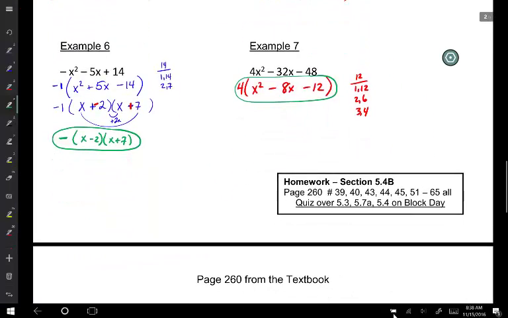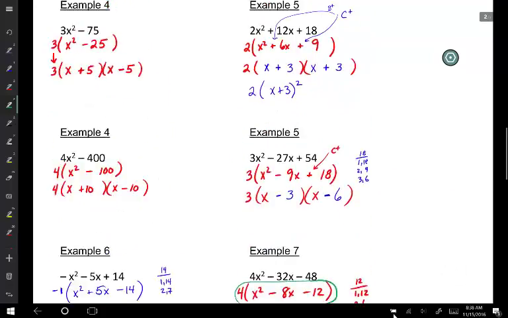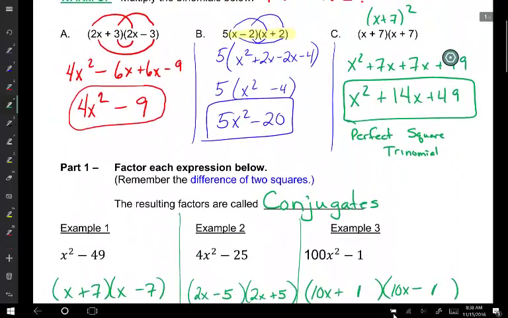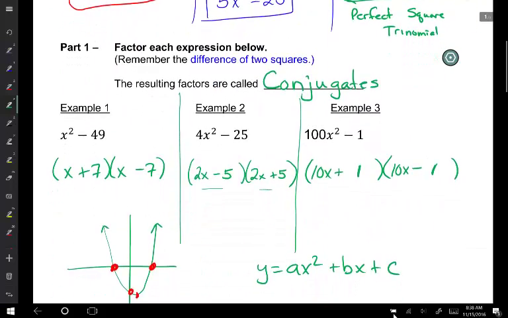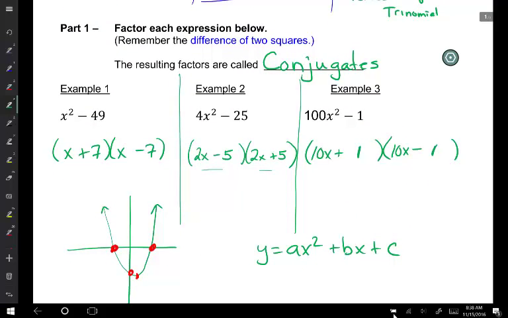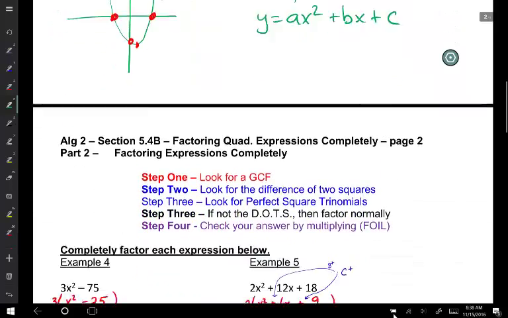All right? Questions? So let's do a quick little review here. Reviewing foiling from the very beginning. The difference of two squares. Remember that a plus b and that a minus b are called conjugates. So we have that. Big picture, as Grace talked about: a quadratic is a parabola, and down the road we're going to be finding where these things are equal to 0.